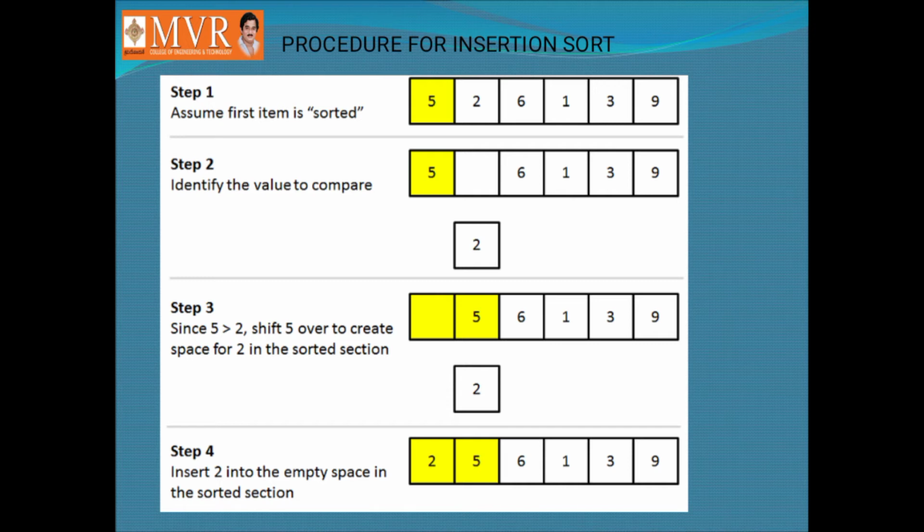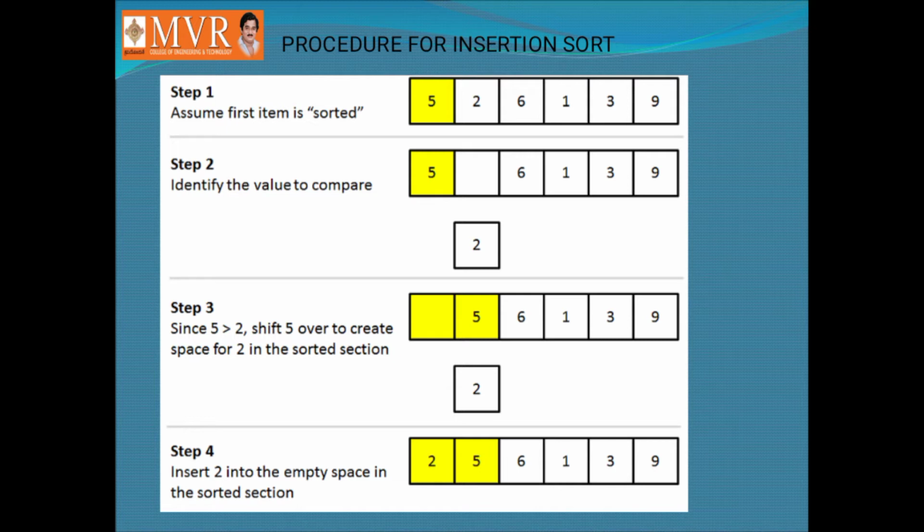Now compare this element with the element at 0, that is compare 5 with 2. 5 is bigger than 2, so 2 must be in the first position and 5 must go to the second position. So I swap the elements, and after swapping I get 2, 5, 6, 1, 3 and 9.